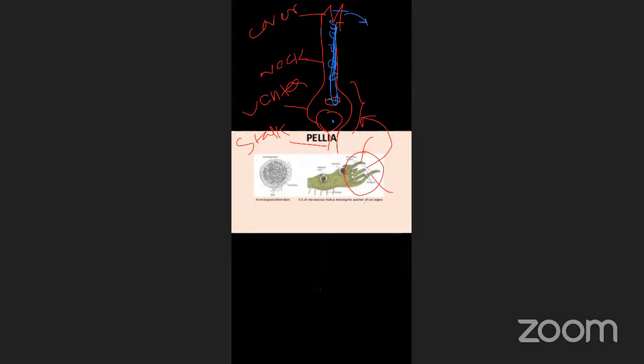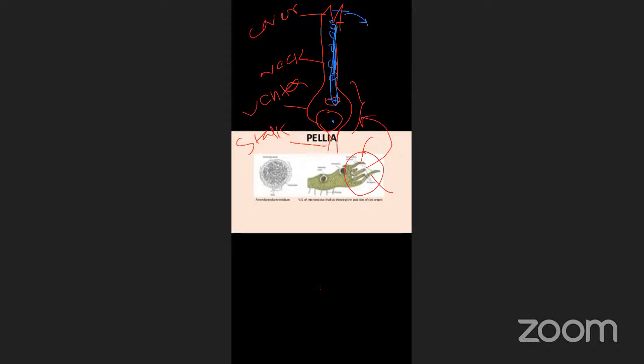Marchantia sporophyte, Pellia sporophyte, Anthoceros sporophyte, Funaria sporophyte, Sphagnum sporophyte: the formation and development are all the same, with maybe a 1 or 2% difference. But in the structural exam, they will ask only one organism, one example. If asked to describe Pellia, you can write only Pellia.